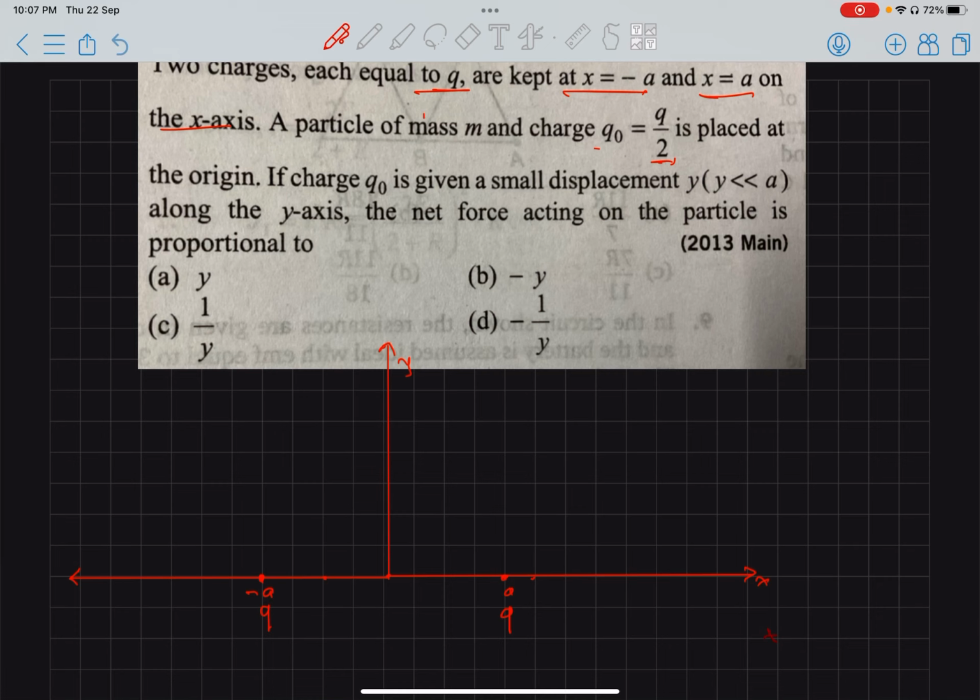Okay, we will consider the displacement given to this charge is in the y direction, y plus direction. Okay, so let us say this is the small displacement.